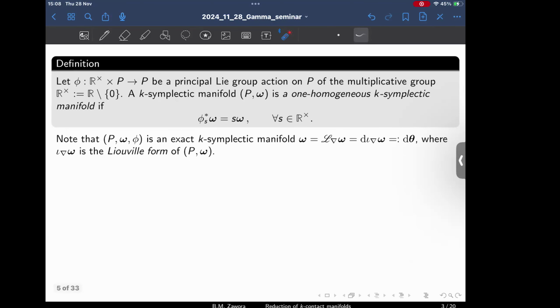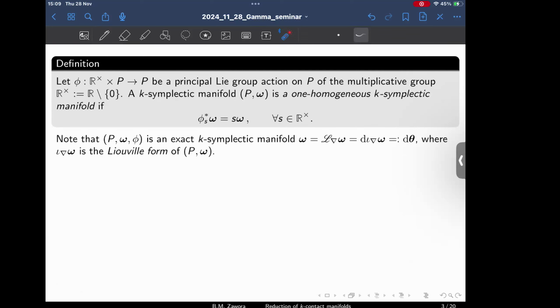So let me introduce the one-homogeneous K-symplectic manifolds, because as we'll see later, K-contact manifolds will correspond to a particular case of one-homogeneous K-symplectic manifold.